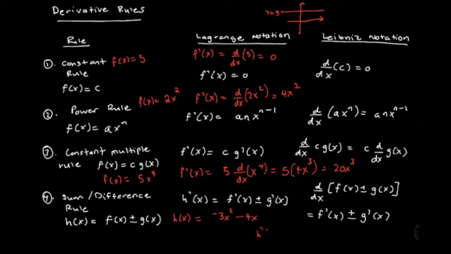Then h prime of x is equal to the individual derivatives of each. So the derivative of negative 3x squared minus the derivative of 4x. And then if you employ the power rule, you get negative 6x minus 4.